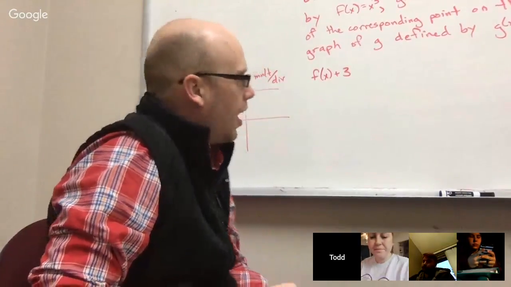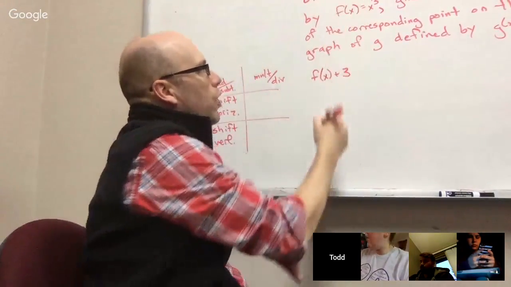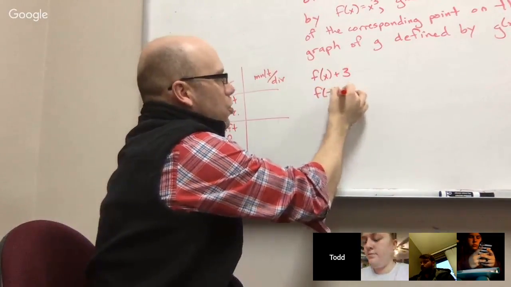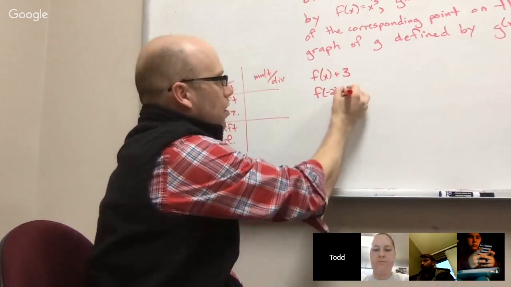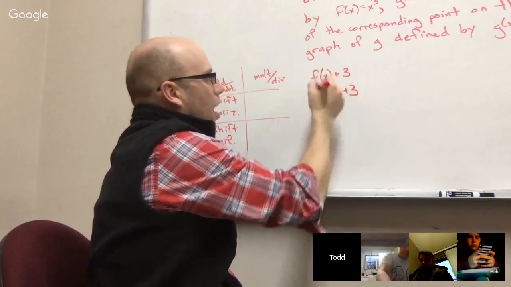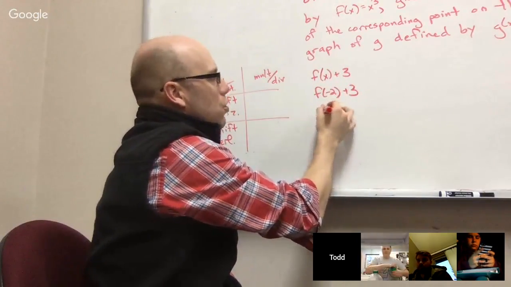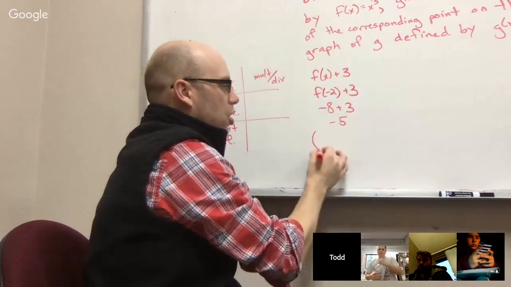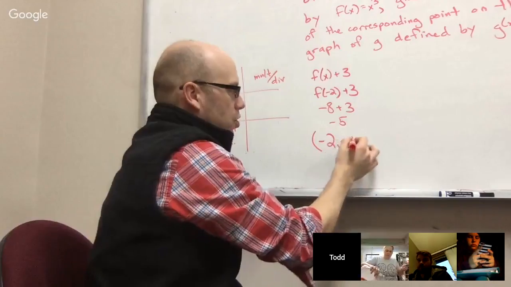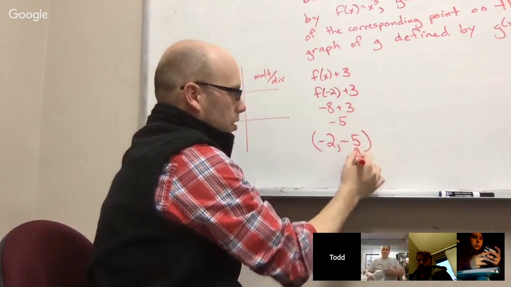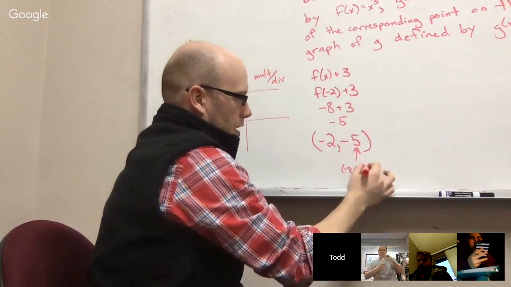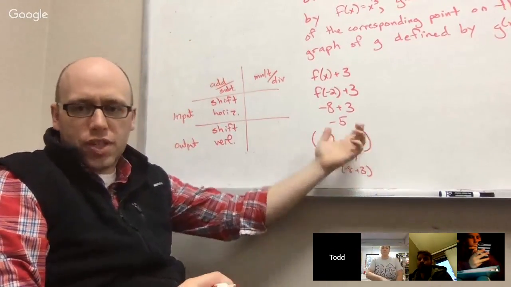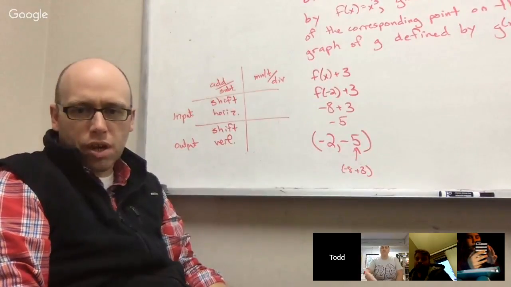If I look at the point -2, -8, well, if I put -2 into this new function, I'm going to get f of -2, which we know is -8, and we're going to add 3, and that's going to be -5. So I'm going to get a new ordered pair, which is -2, -5. So basically, we added 3 to the output, and it shifted up. That seem reasonable to everybody?